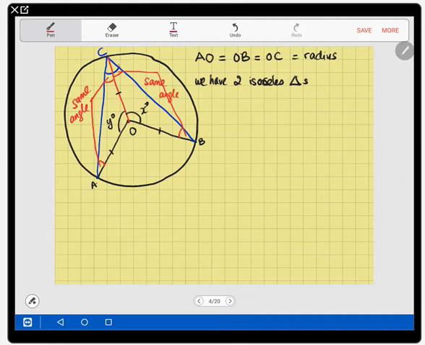Right? So, what is this angle here? This one will be 180 minus X divided by 2. Correct? These two angles here. Similarly here, these two angles here will be 180 minus Y divided by 2. Okay?